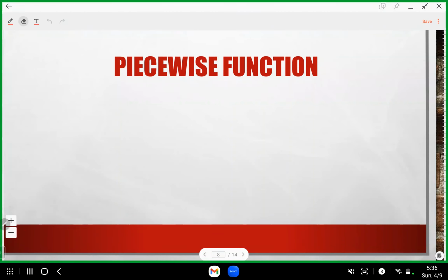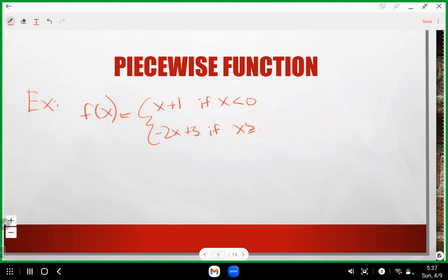Piecewise, for example, is going to be equal to x plus 1 if x is less than 0, and 2x plus 3 if x is greater than or equal to 0. So all this does is it basically splits our graph, and we can graph multiple different functions in one function.